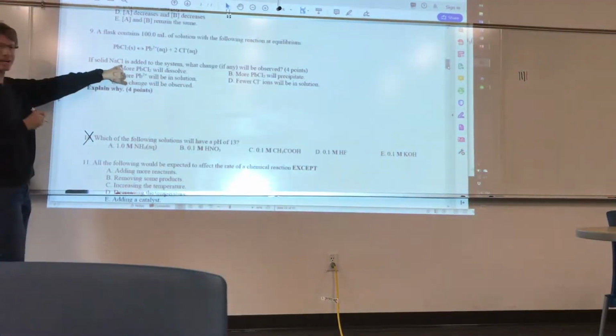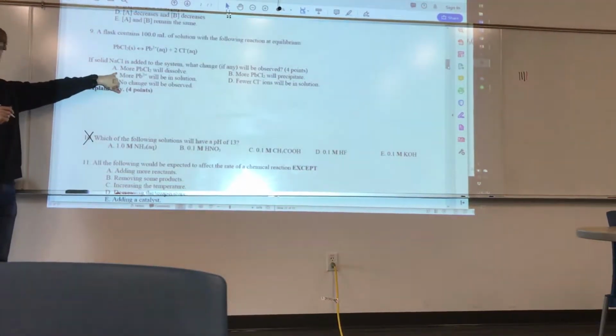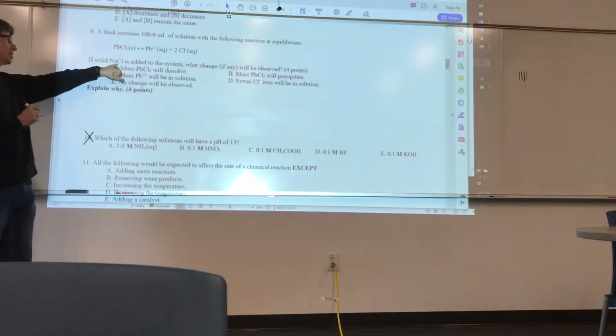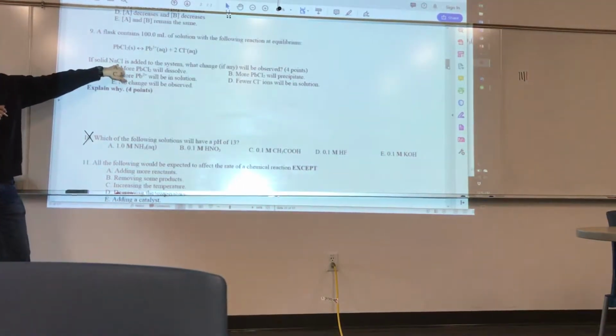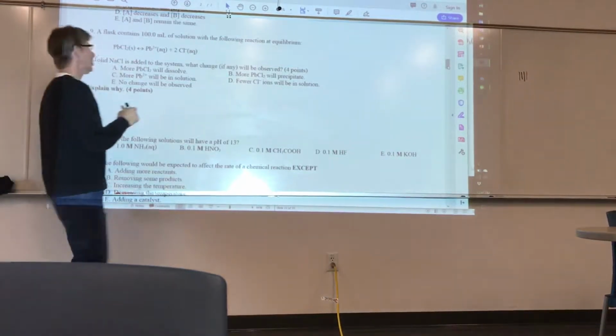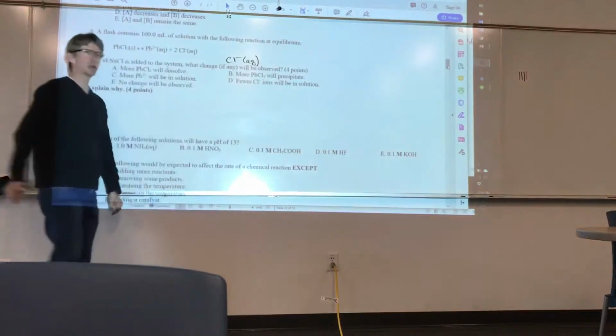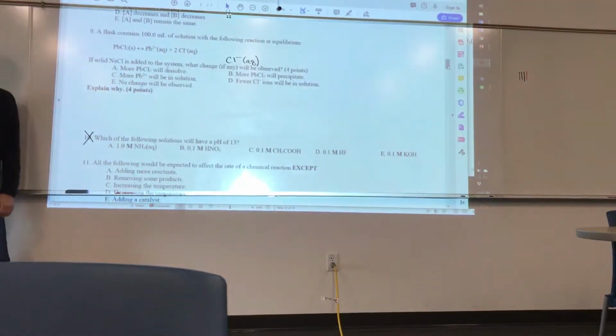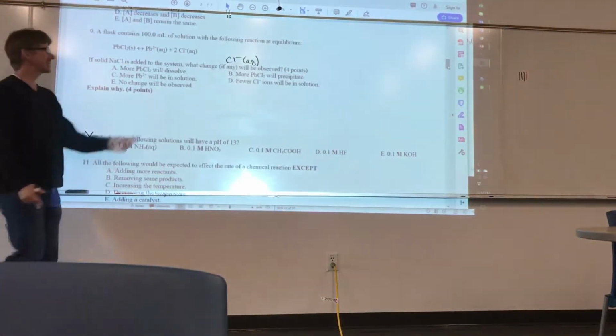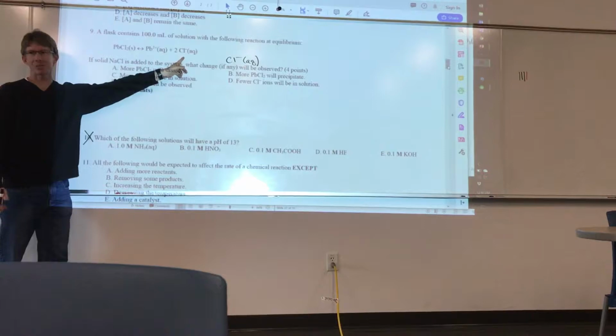But if you add a solid, you have to know that that solid will dissolve. Sometimes I tell you, but you should know that sodium chloride dissolves. When it does, it makes chloride ions. There are more chloride ions, and if there are more chloride ions, which way does this reaction shift?